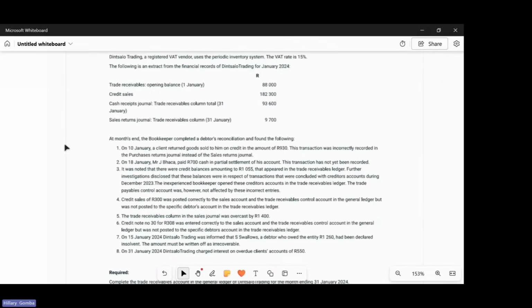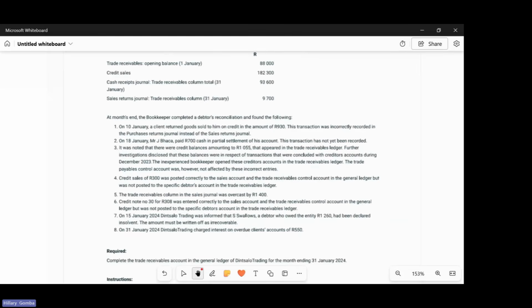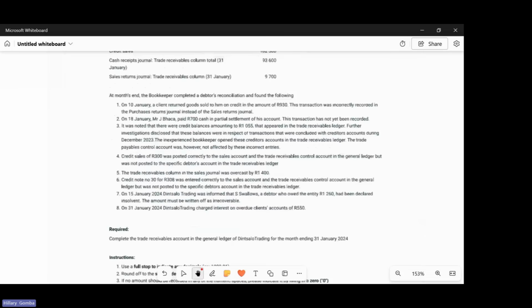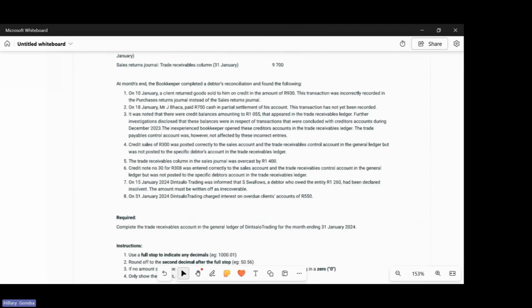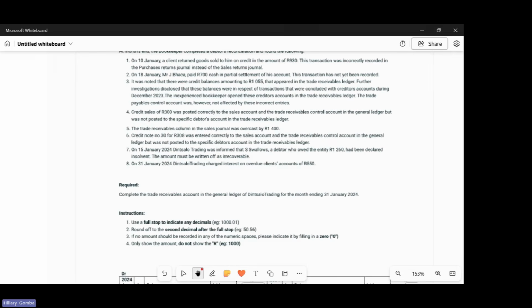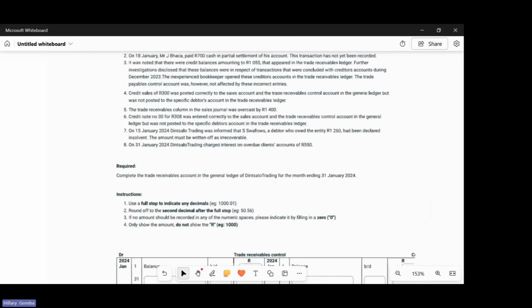The amount must be written off as irrecoverable. Number 8 says on 31 January 2024, Dijalo Trading charged interest on overdue clients' accounts of 550. And then it goes on to say you are required to complete the trade receivables control account in the general ledger of Dijalo Trading for the month ending 31 January 2024.